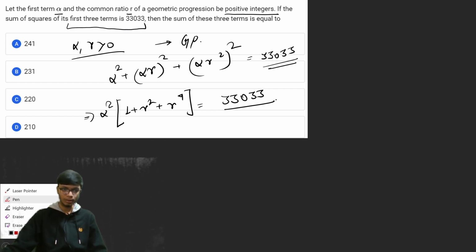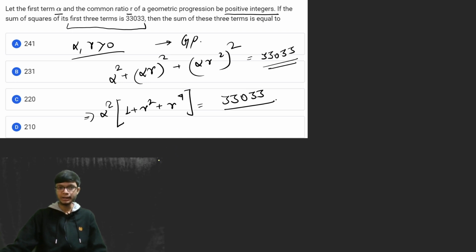Now the problem that students encounter here is what to do after this step. They don't get any idea or hint how to proceed from this equation, which has two variables and only one equation. So you have to solve this using your maths knowledge. You can just go on putting numbers and checking, but that will require time.